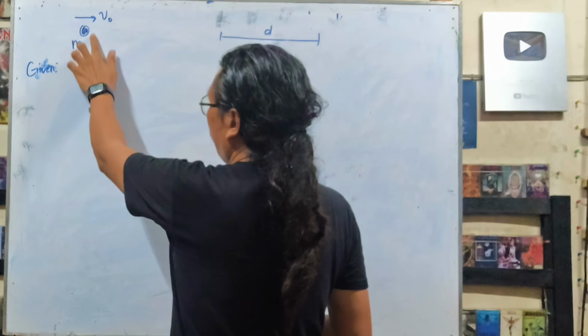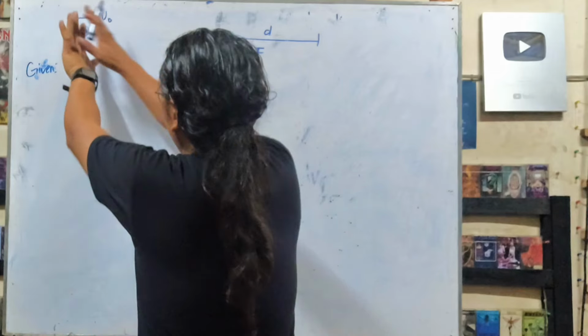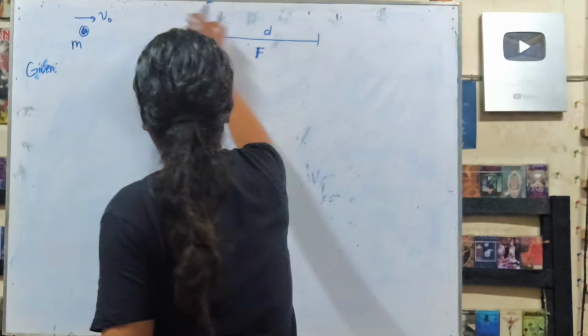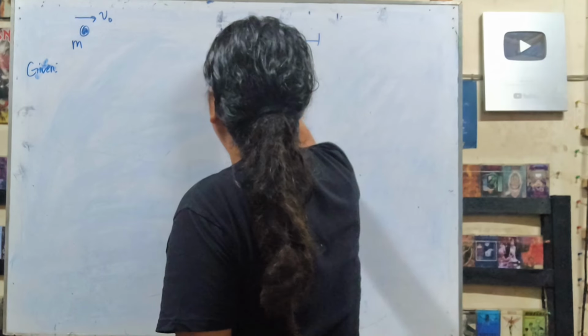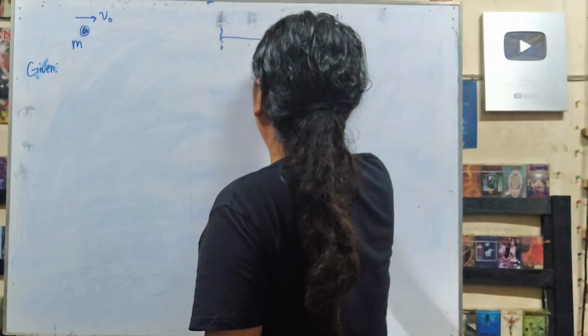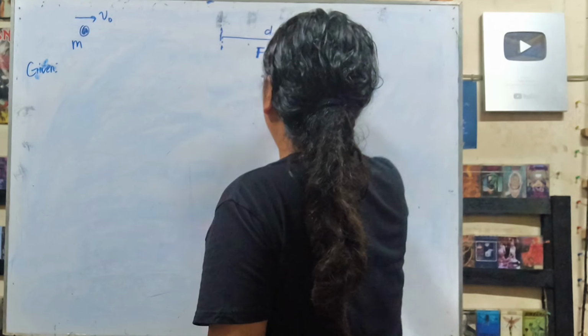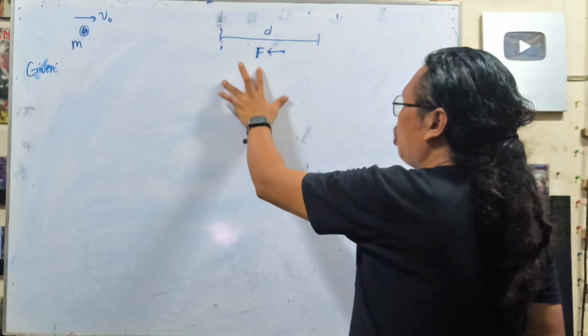We have a mass m that moves at velocity v naught. We are assuming a constant velocity in this region right here. Now, as it gets to this point, it starts to experience a force in the opposite direction of its initial velocity.